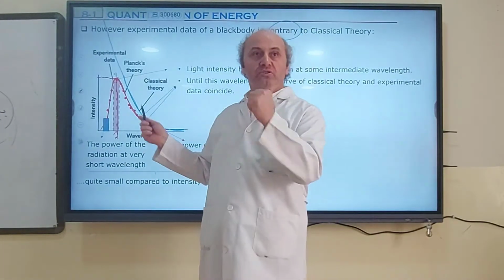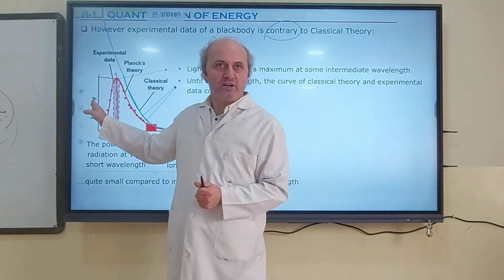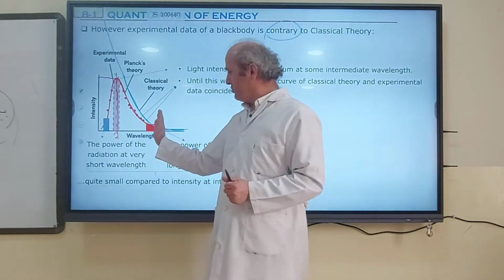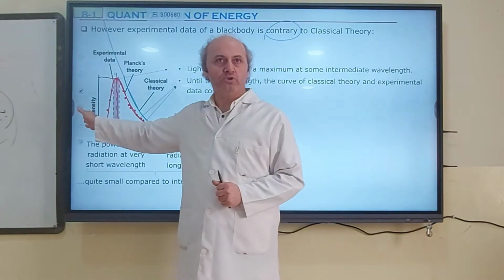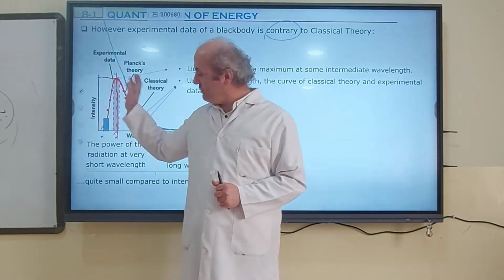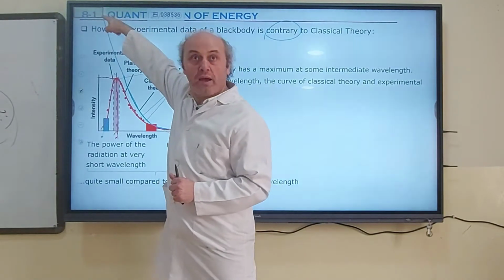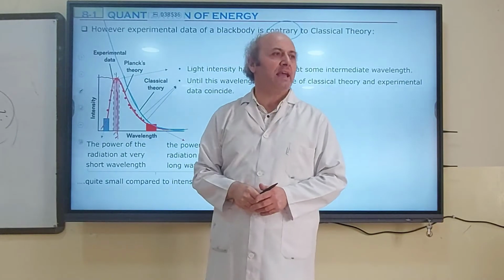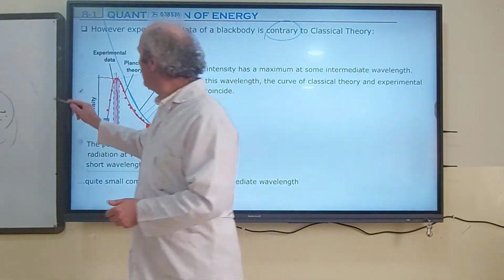It's called the ultraviolet catastrophe because this happens in which side of the electromagnetic spectrum? Ultraviolet side. The right side is infrared, the left is close to ultraviolet. For that reason, this contradiction between the prediction and experimental data is named the ultraviolet catastrophe.